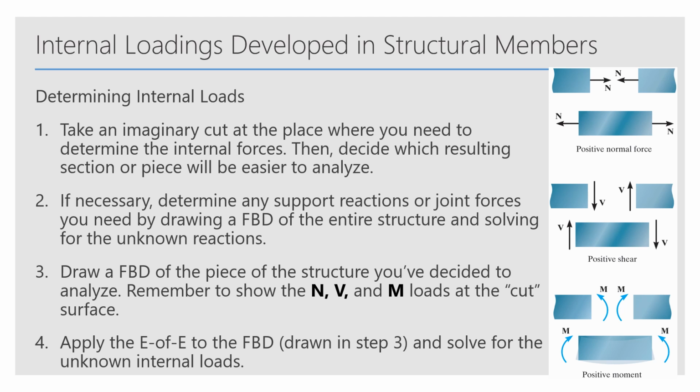On the right, we see the usual convention for the signs: at the top, what they would use for a positive normal force, in the middle for positive shear force, and at the bottom for positive moments.